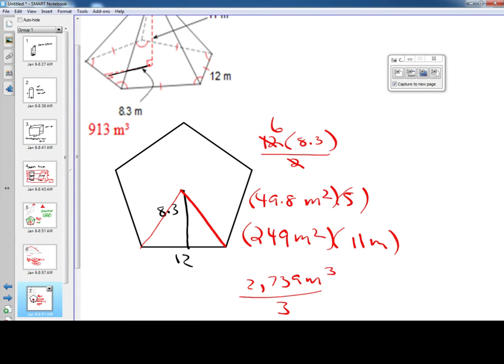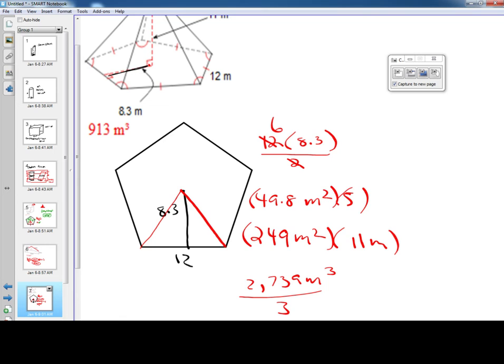Beautiful. It's the same thing if you did the reciprocal. You can even go that number times 0.333333333 until your finger gets tired. Hit enter and you're going to get 913.